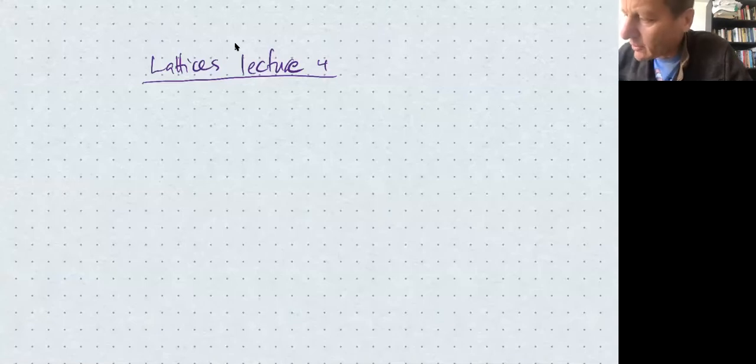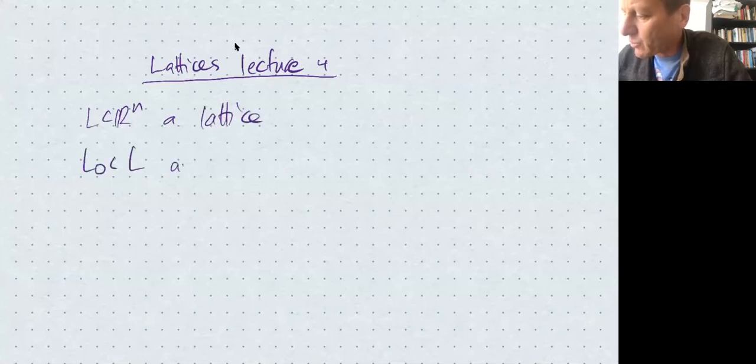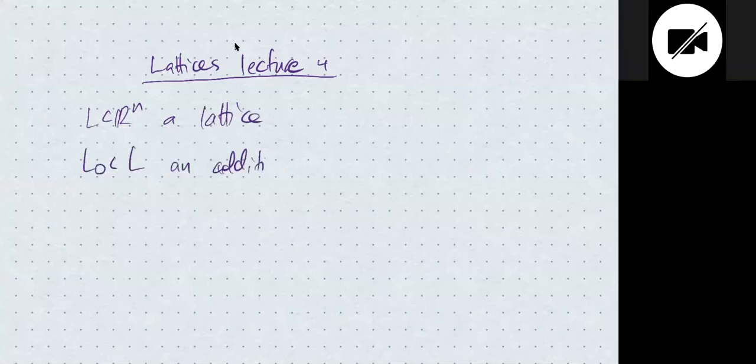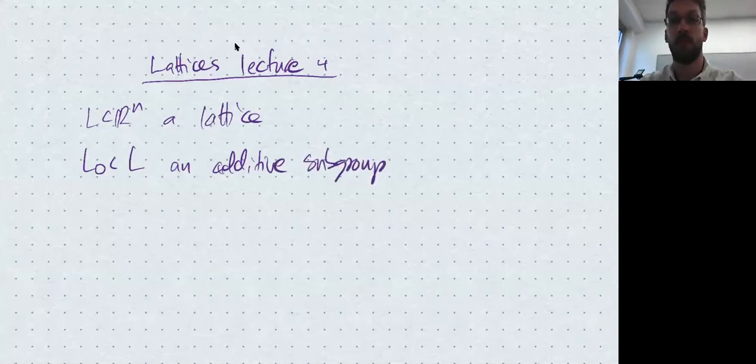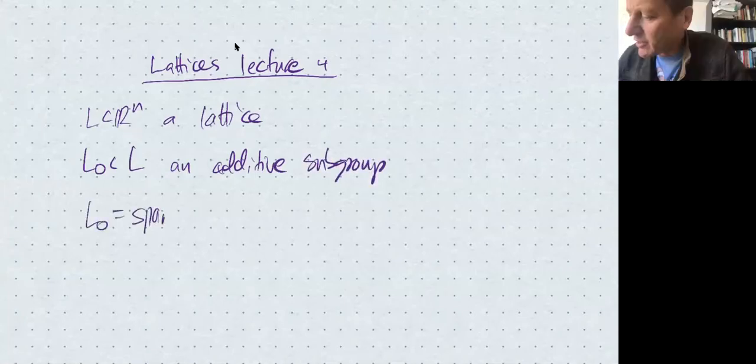So L is a lattice in R^n. L0 in L is an additive subgroup, but it's not necessarily a lattice.